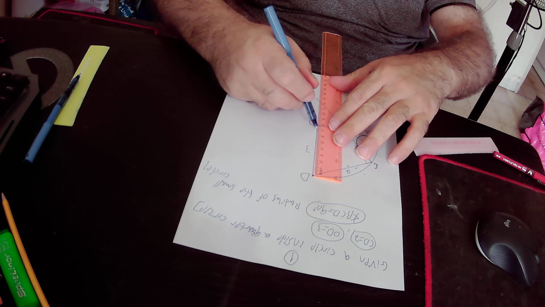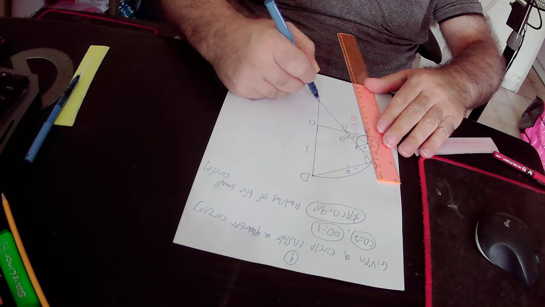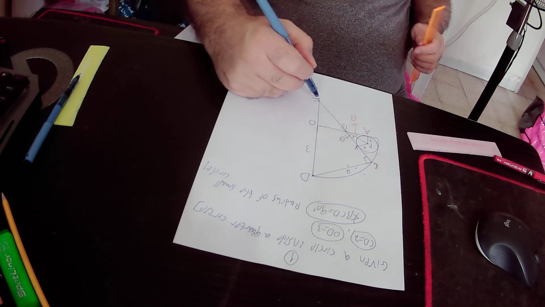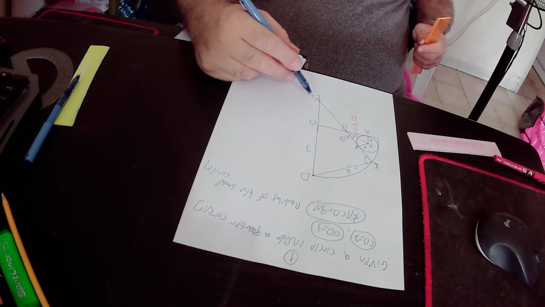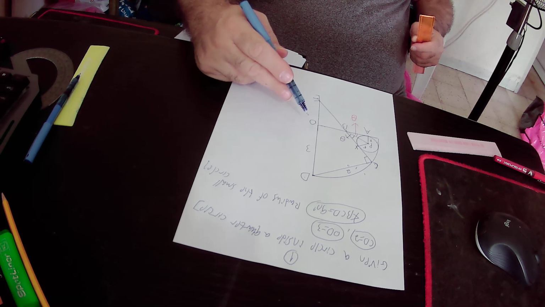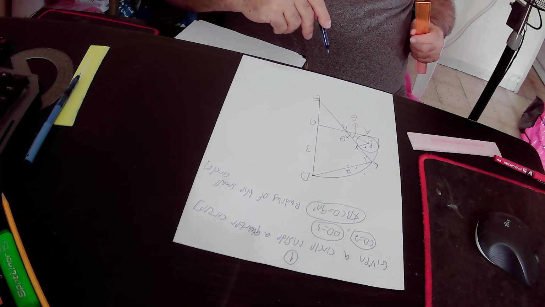Until they intersect, and the intersection point will be defined as point E. Okay, so here point E is the intersection point between DO and CB after we extended them.